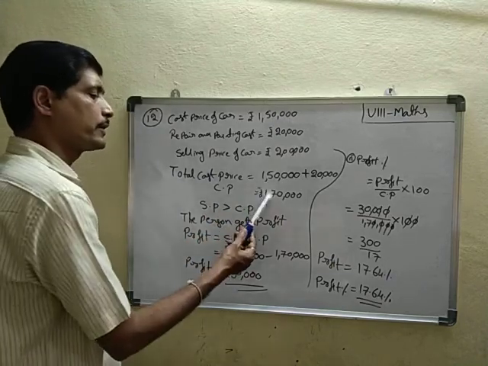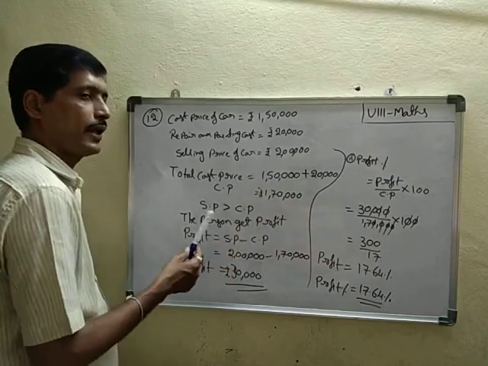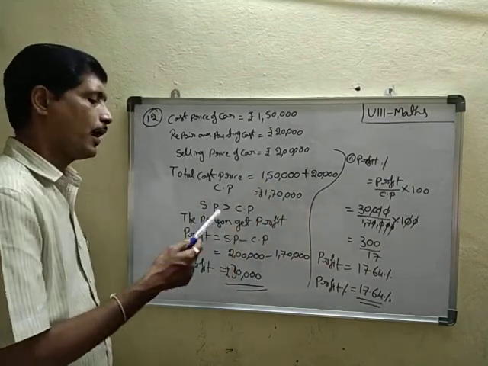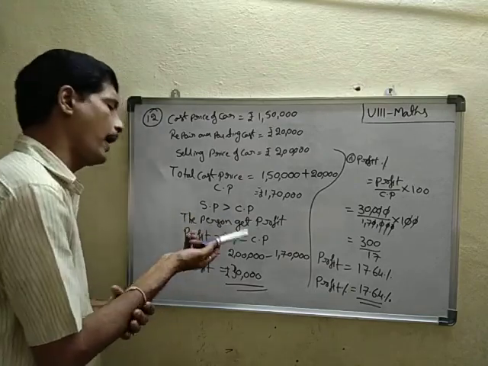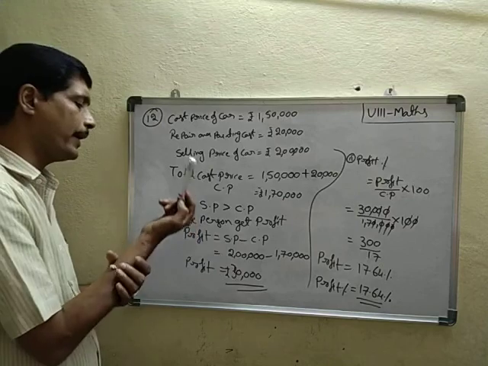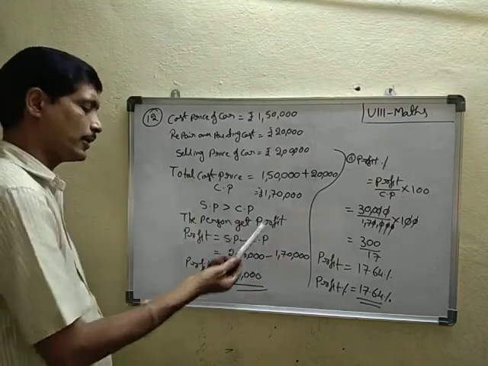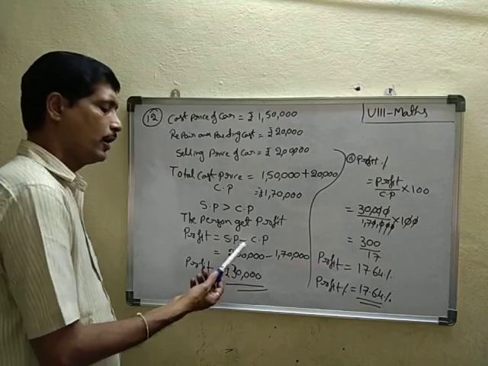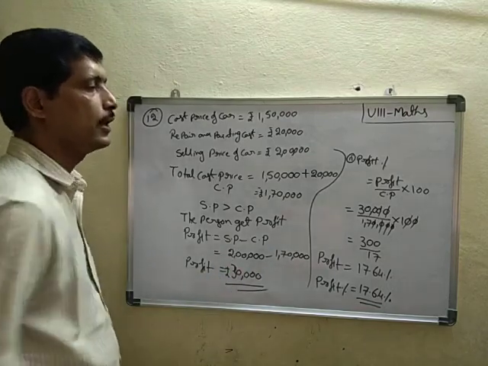Here cost price equals 1,70,000 and selling price equals 2 lakhs. Therefore, here SP is greater than CP. The person gets a profit. Profit equals what formula? SP minus CP. Profit equals 2 lakhs minus 1,70,000, that equals 30,000.